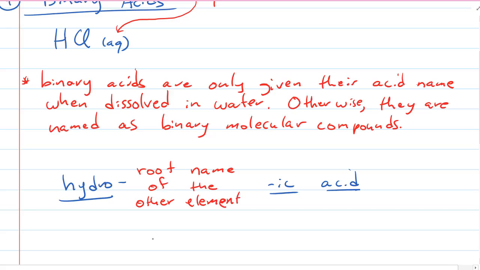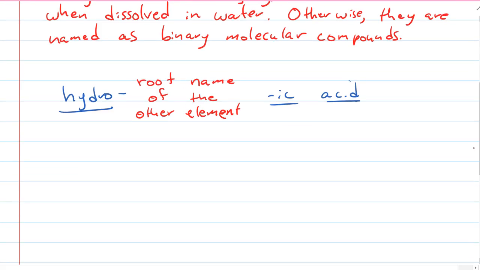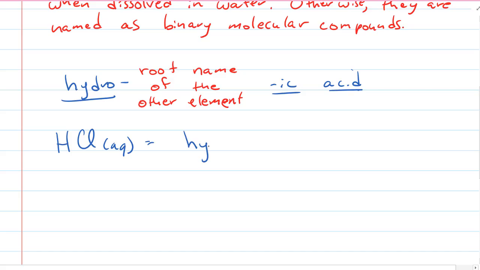So it's a hydro prefix, an IC acid suffix, and then the root name of the other element in the middle. So now, if we have something like HCl, aqueous, we wanted to name this, this would be called hydrochloric acid. Good. Hydrochloric acid.